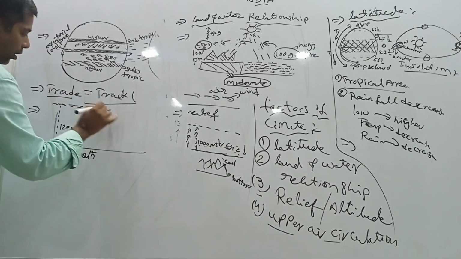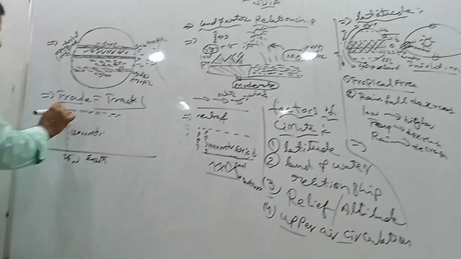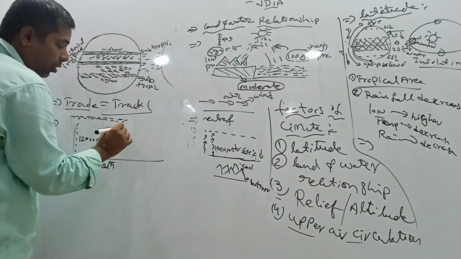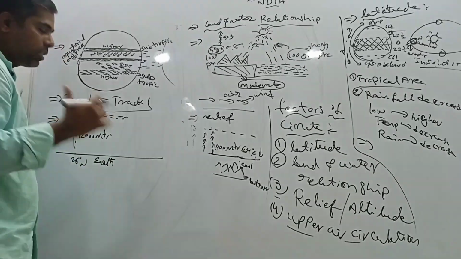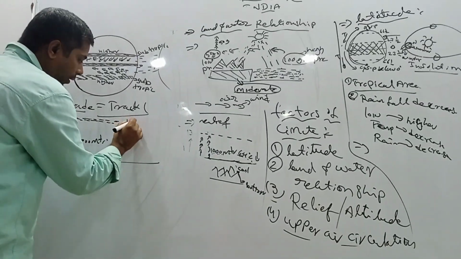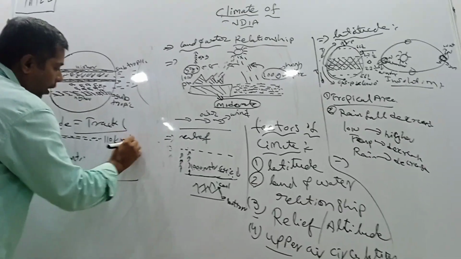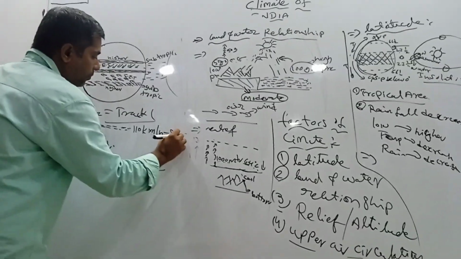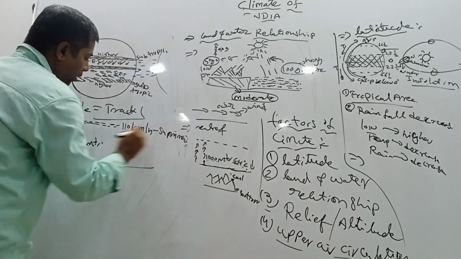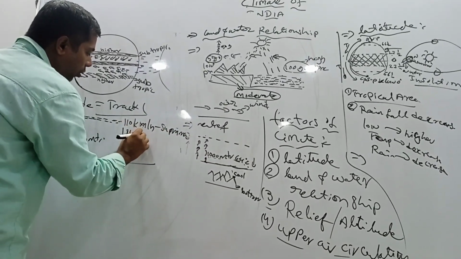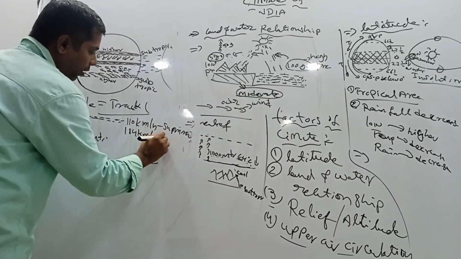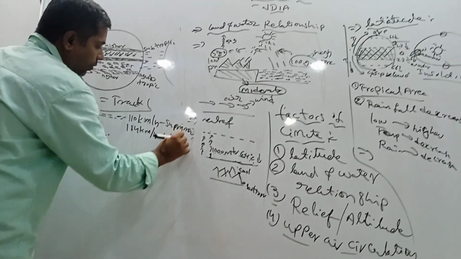So it is called an easterly wind. This wind blows at high speed: 110 kilometers per hour in summertime and 184 kilometers per hour in wintertime.